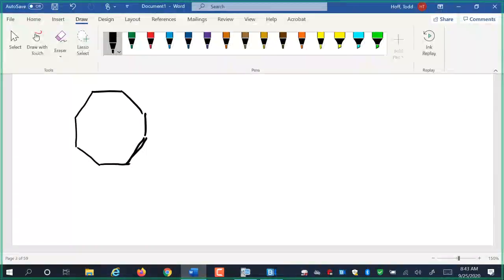Let's say you're building this octagon gazebo, but you need to make sure that the distance across is no more than 16 feet. You want to know what side length you can have from that.